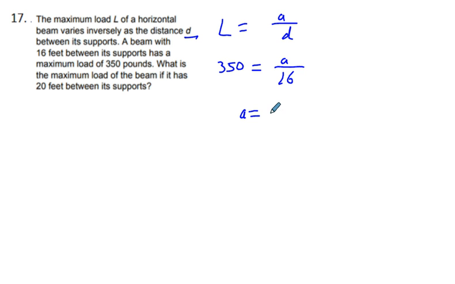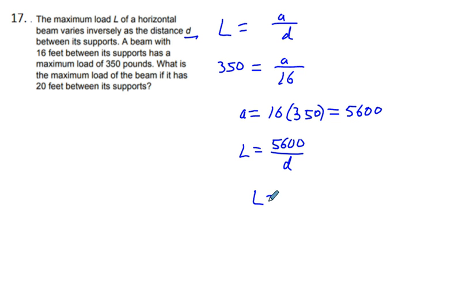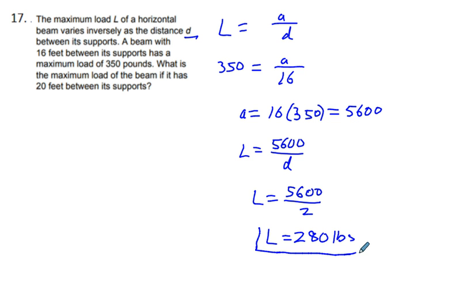So A is going to be equal to 16 times 350, and that is going to be 5,600. So we have L equals 5,600 over D. And then we say if we have 20 feet here, L is equal to 5,600 divided by our distance, which is 20. So we have L, our load, equals 280 pounds, LBS, pounds, libra.